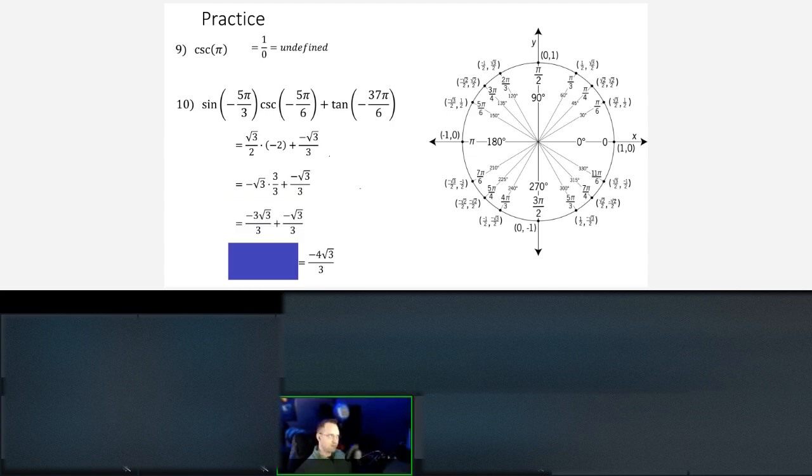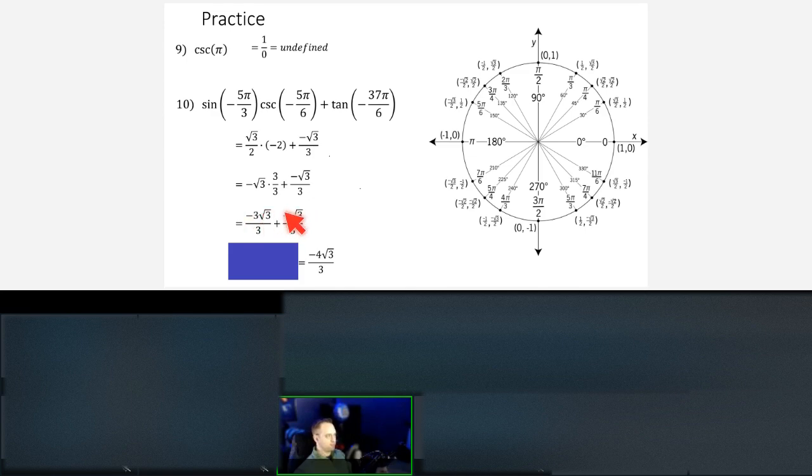Then it looks like this for the second step here. And once these are the same, we can now combine like terms in the numerator. So we have negative 3 radical 3 plus negative radical 3. Well, these radicals are the same. So it's like saying negative 3x plus negative 1x. It's kind of the same idea. So I have negative 3 of these plus negative 1 of these.